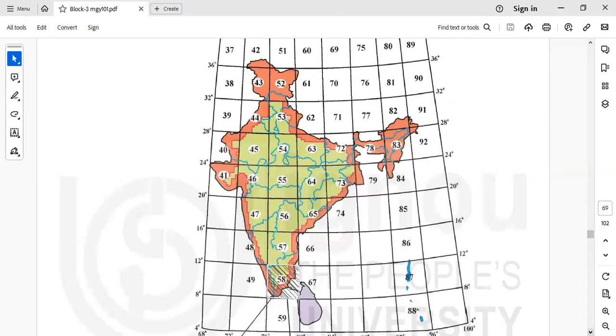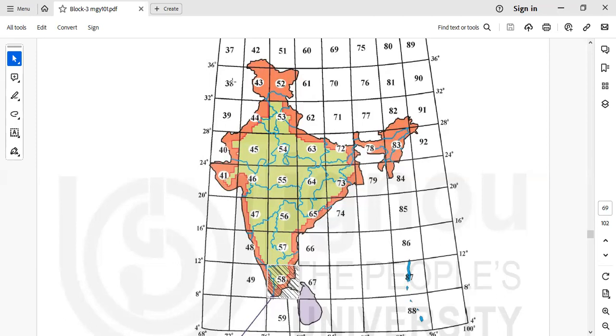So this is the numbering system of India for identifying the particular map. If you know the value of the latitude and longitude, then by plotting the value of latitude and longitude in the index sheet of Survey of India, you can identify the number of any topographical map of a particular area.